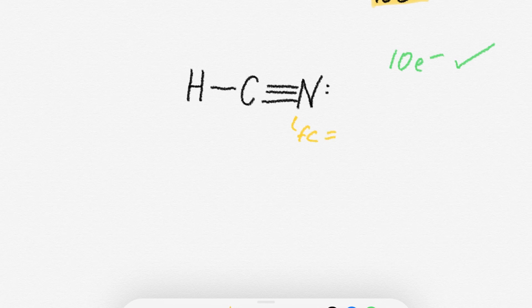We will check the nitrogen though. Nitrogen is 5 valence electrons minus 3 shared pairs minus 2 electrons in our lone pair, or 2 dots. That of course equals 0. So every single atom in our structure has a formal charge of 0.